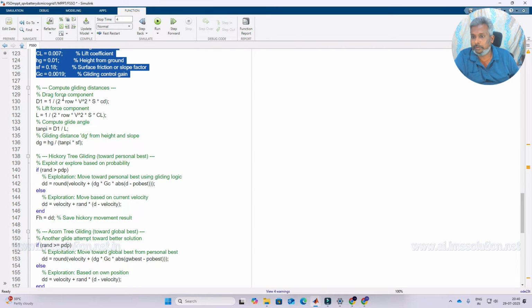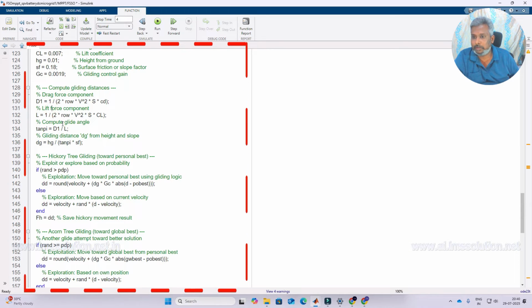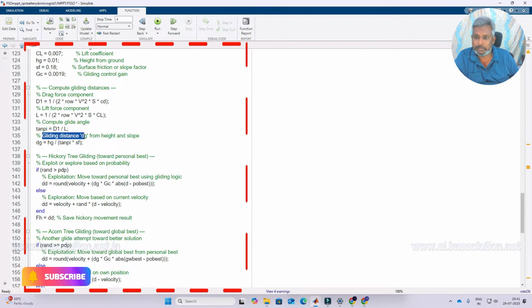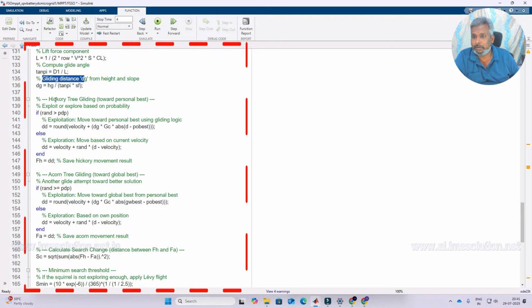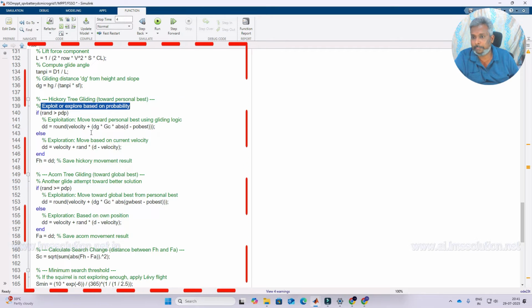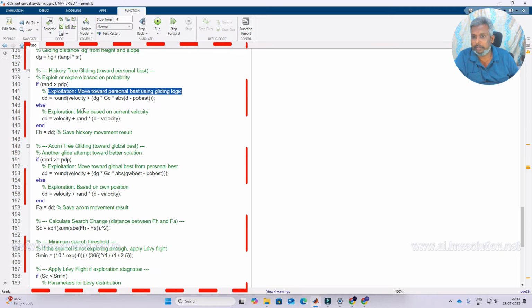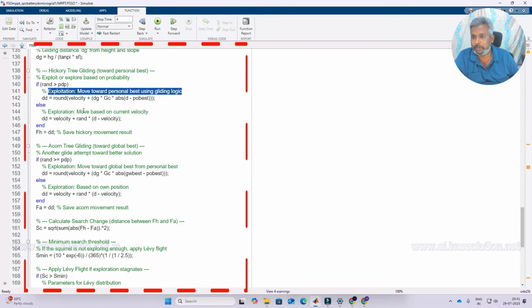Then you have to calculate the drag force, the lift force, the glide angle, and the gliding distance, and then calculate the personal best. Exploit or explore based on probability. So this is an exploitation stage, so you have to calculate the duty cycle based upon that exploitation.